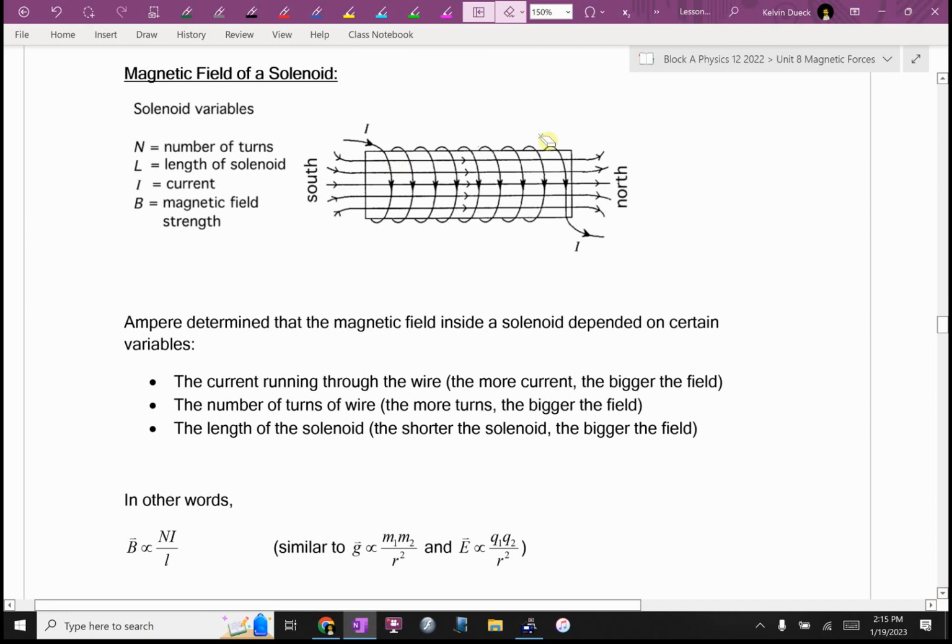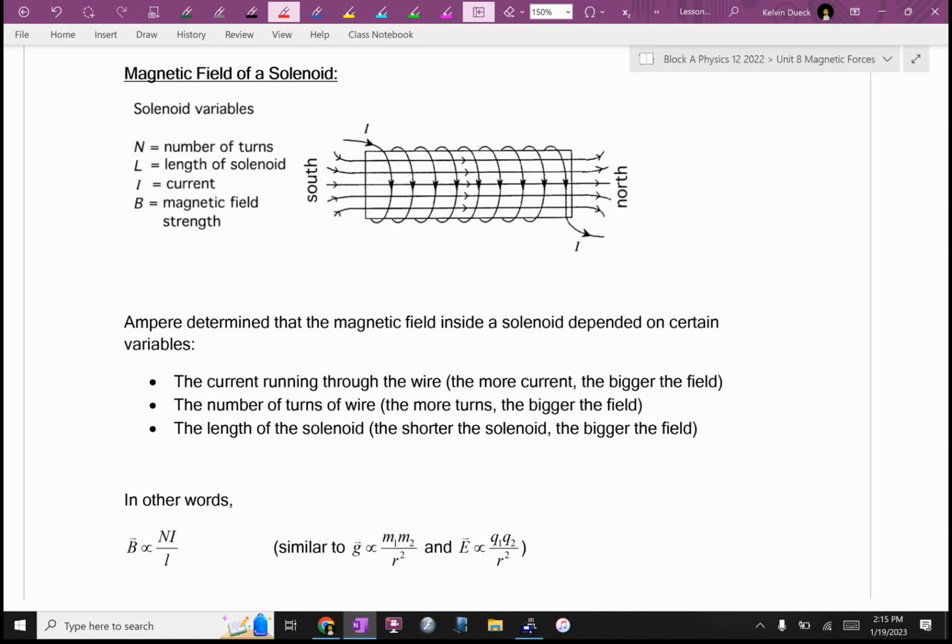So here's a model of a solenoid, a coil of wires, and it turns out the magnetic field strength depends on 3 things. Number 1, the number of turns or wraps of wire. If you have one solenoid with 10 turns of wire and an identical solenoid with 20 turns of wire, the solenoid with 20 turns of wire is going to have twice as strong a magnetic field.